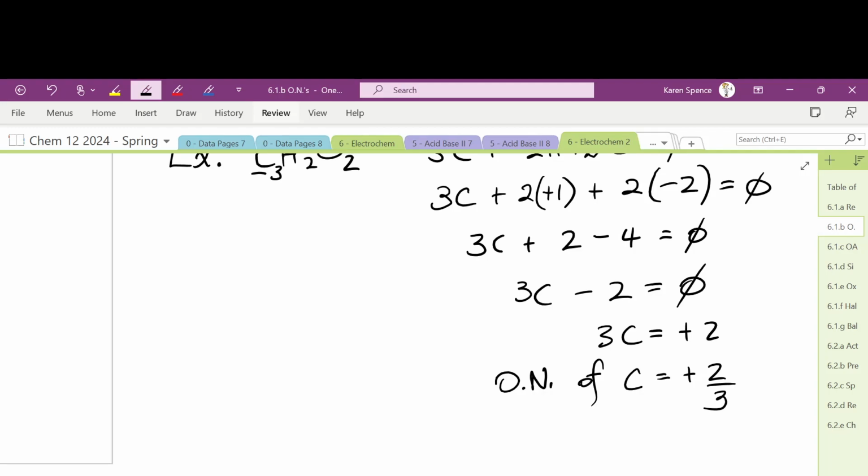If you are finding the oxidation number of a multivalent metal, where would we find multivalent metals? Multivalent means they could have more than one charge.